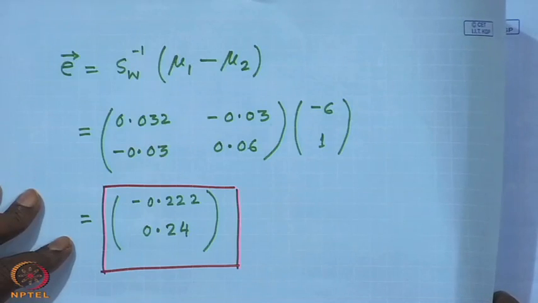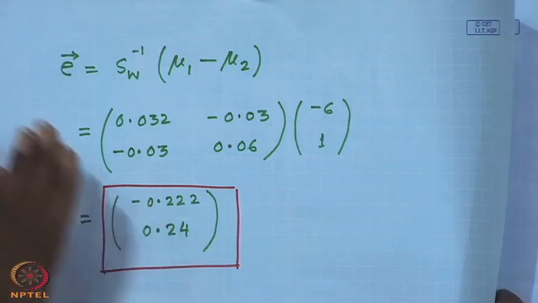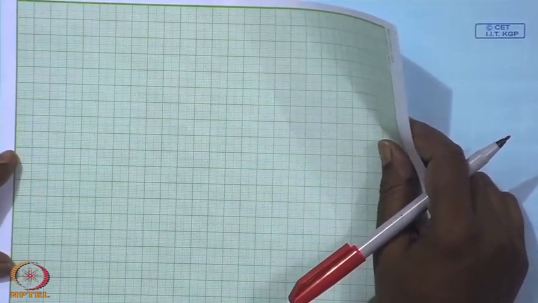So again, let us plot these points on a graph paper and take the projections onto this vector, and let us see what improvement we get, if we get some improvement. I will take this graph paper.